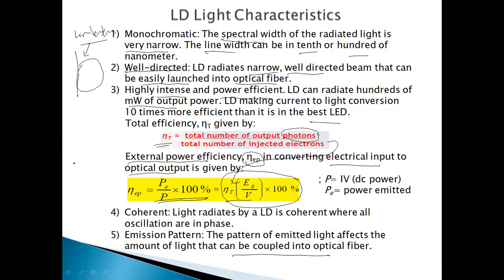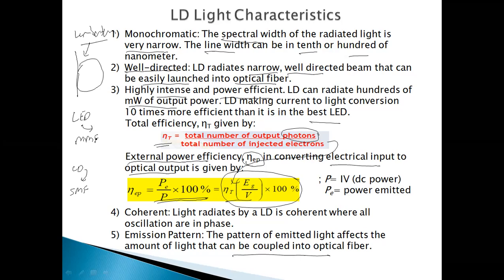That is why in actual application the LED is used for launching light into the multimode fiber, whereas the laser diode can be used for light coupling into a single mode fiber.